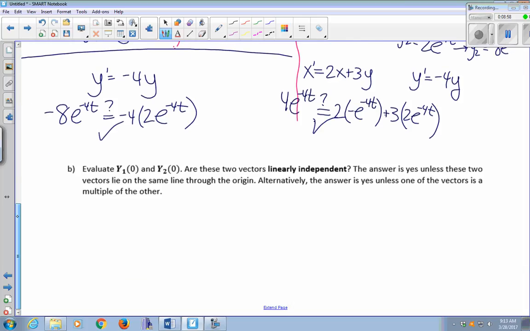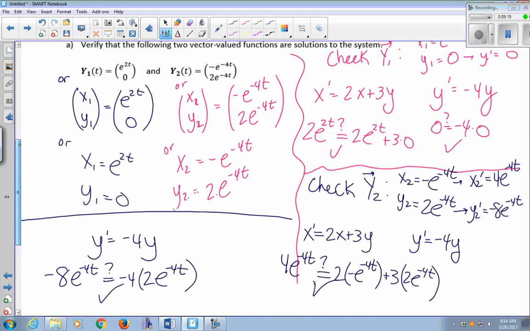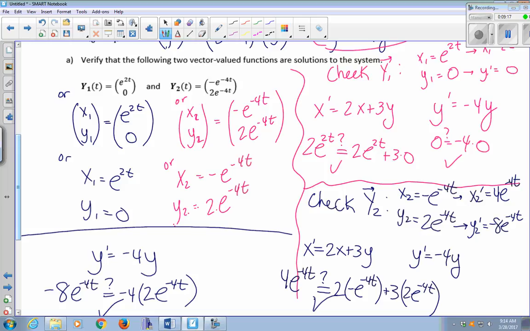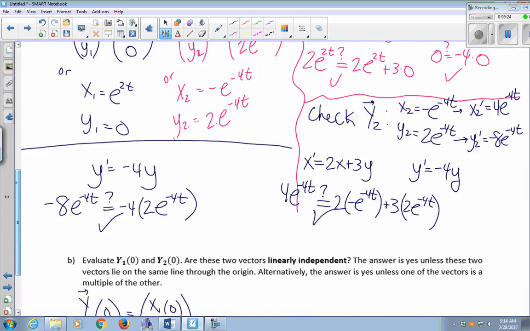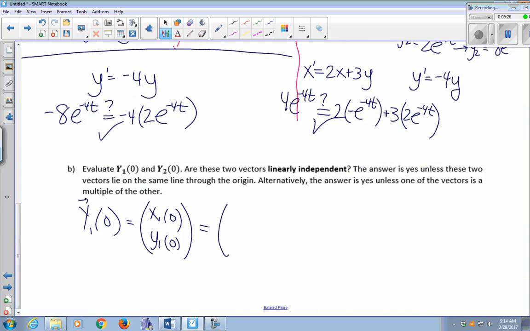All right, so I need to know y1 of 0 and y2 of 0. So y1 is bold, so that means they're asking me for the vector x1 of 0, y1 of 0. So go back up to my equation where I have x1, y1. If I plug 0 into both of those things for t, what is e to the 0? 1, so I get 1, 0. e to the 2 times 0, 0.